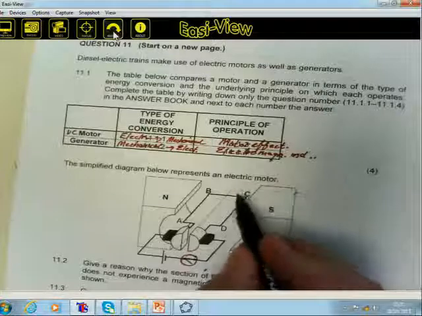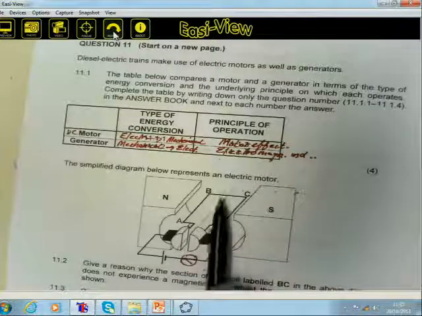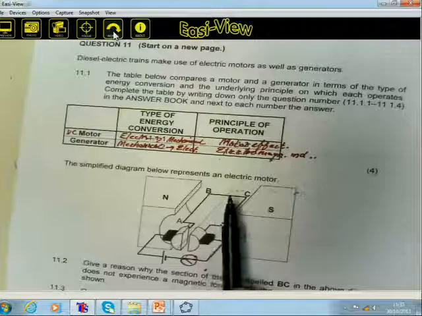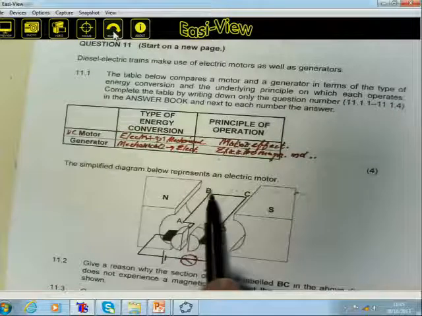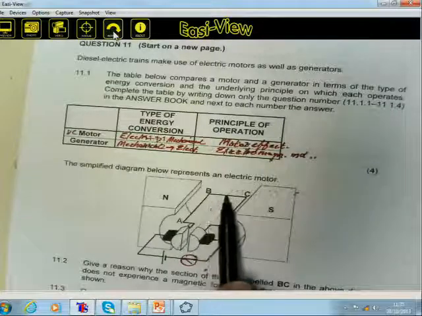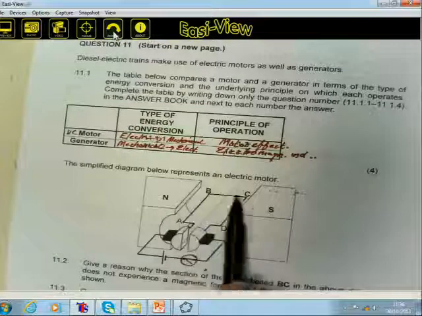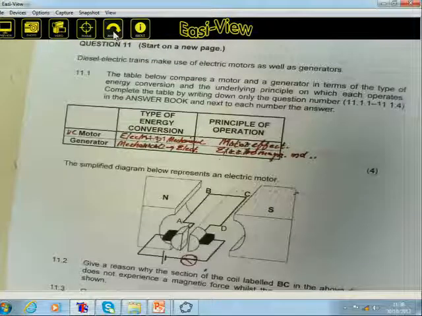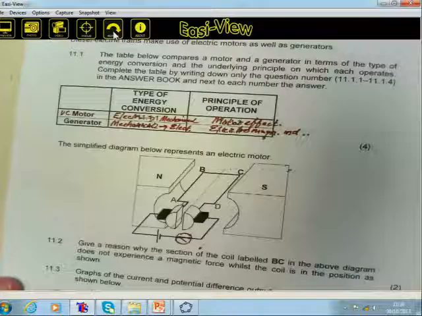So why does this section not experience a magnetic force in this electric motor? The reason is because the conductor, the part of the conductor and the charge, is parallel to the magnetic field, and therefore it experiences no force.